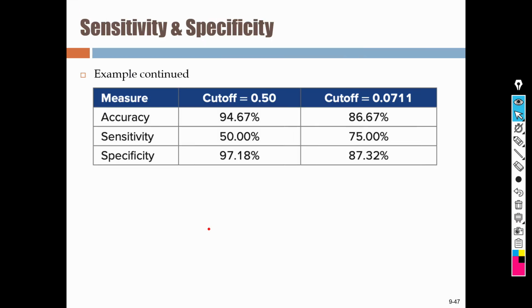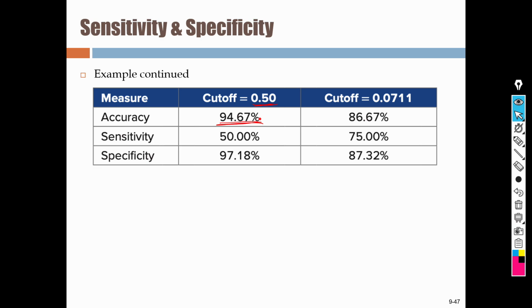As you can see, if you use a cutoff of 0.5, accuracy is pretty good. Why is that? Because not many students have a depression. I mean, the number of depression cases is serious, but the number of students who have a depression will not be like 50%, right? Maybe like 5% or 10%. Most of the students don't have a depression.